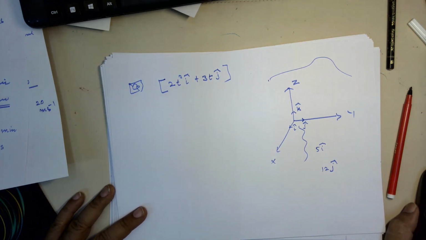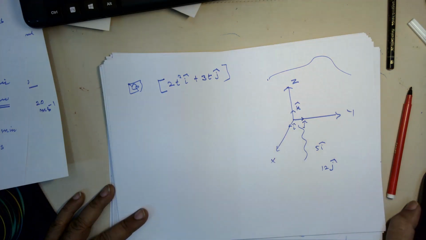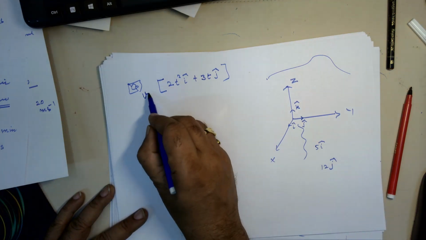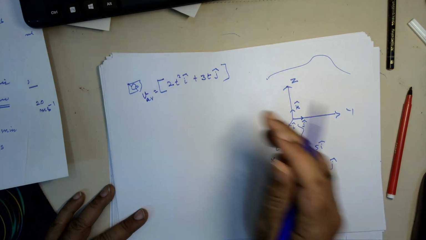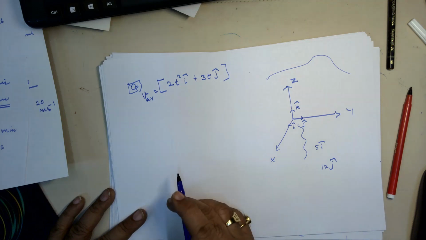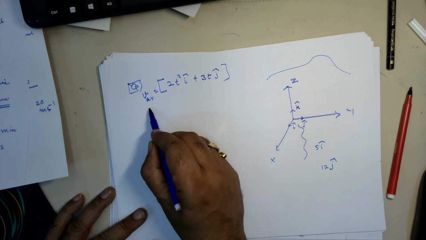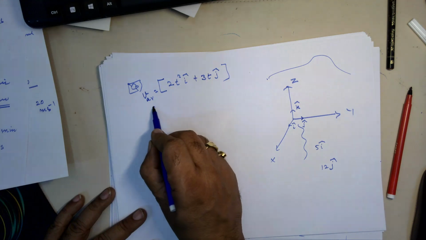So the average speed of a particle is represented like this. Take down. This is the average speed of a particle given. Find out the instantaneous speed of the particle. How to represent the instantaneous speed?